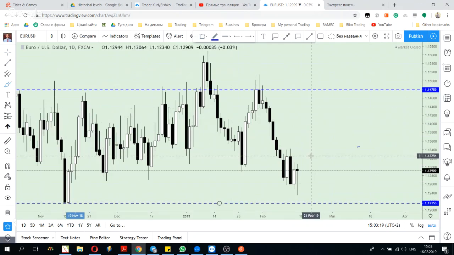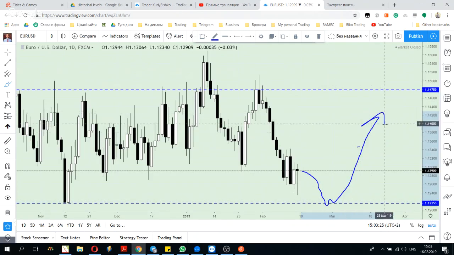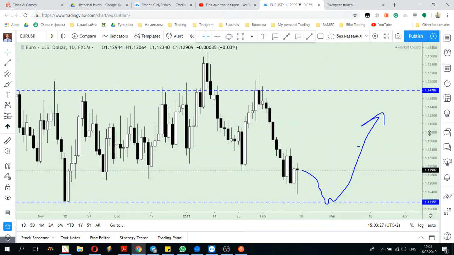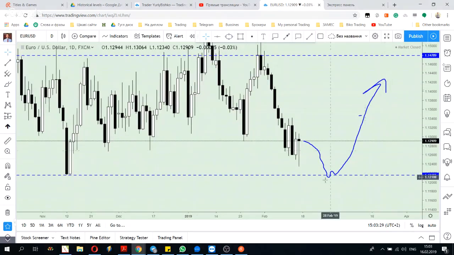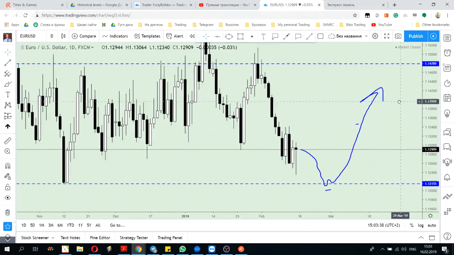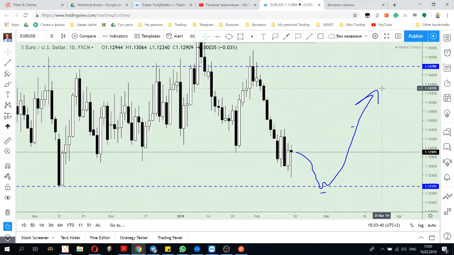What plans do I have? If the price comes here and makes a fake break, I will open a buy because in that case my stop loss will be as low as 20 pips and potential profit will be nearly 200 to 300 pips.